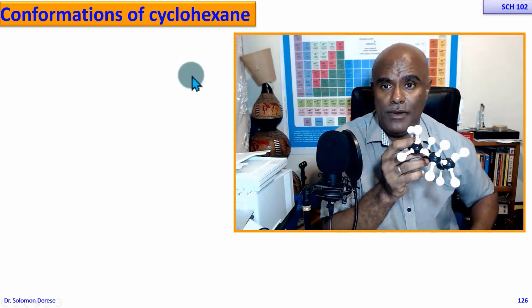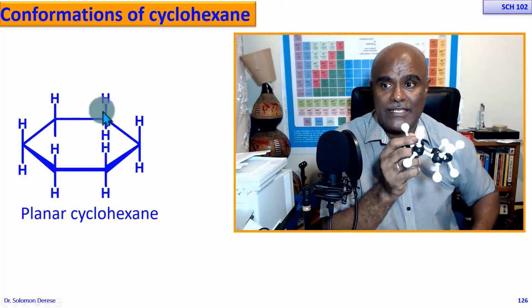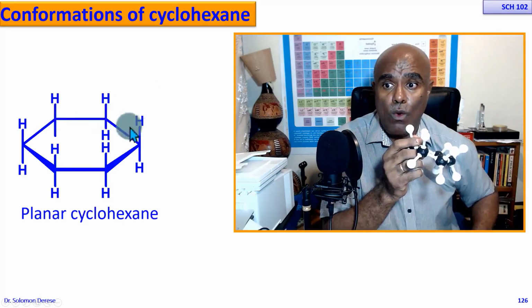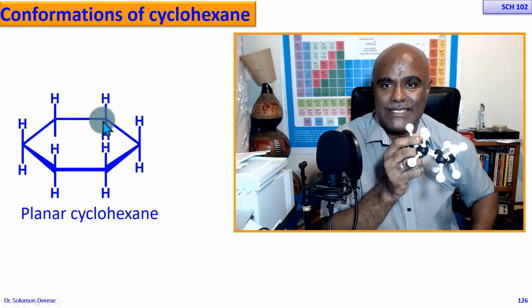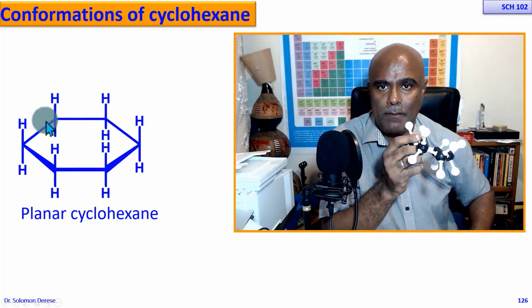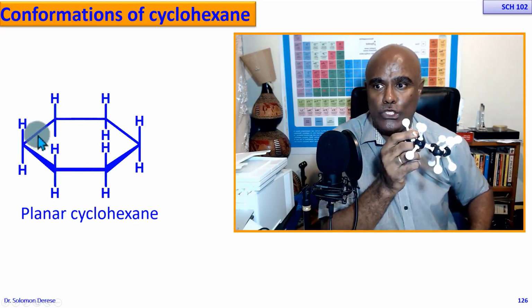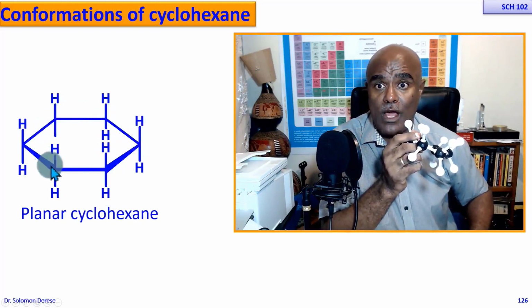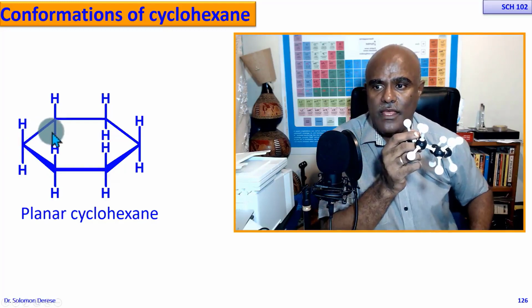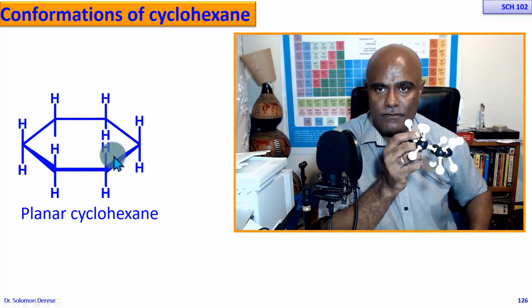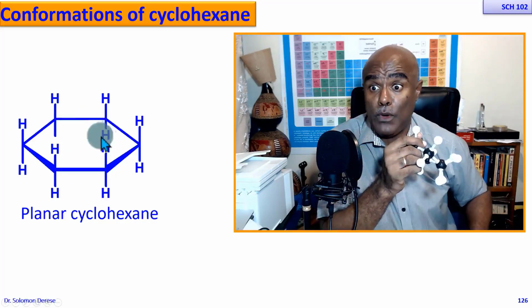So, in the planar cyclohexane, where all the carbons are in the same plane, since it is shaped like a regular hexagon, these bond angles will be 120 degrees, very much above the ideal 109.5 degrees.